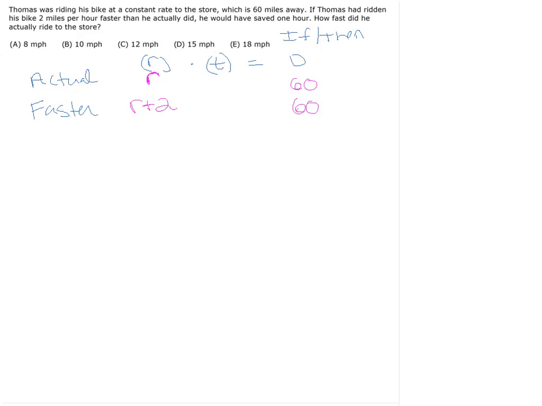So if you see here, we have rate and we have distance filled in. Well, time is simply equal to distance divided by rate. So watch this. This is important to see. The time actual is simply distance over rate for actual, and the time for faster is simply distance over rate for faster.